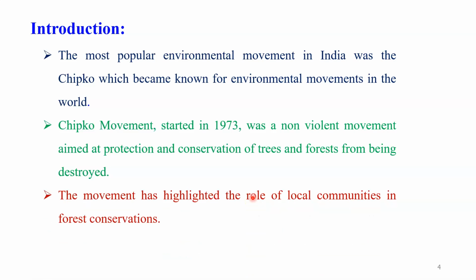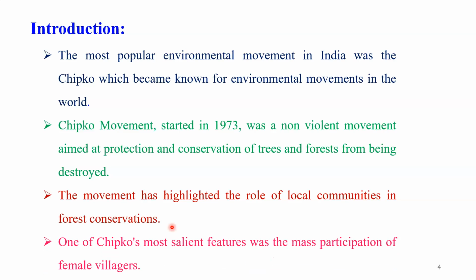Dear student, the movement has highlighted the role of the local community in forest conservation. This is very important information about the Chipko movement. One of the most important salient features of the Chipko movement was the mass participation of female villagers in this movement.